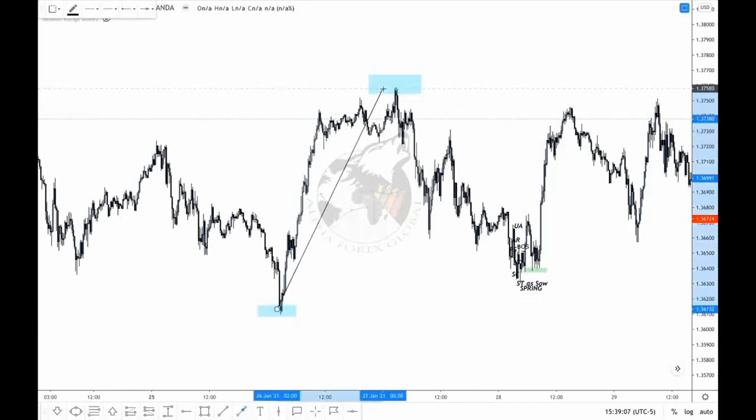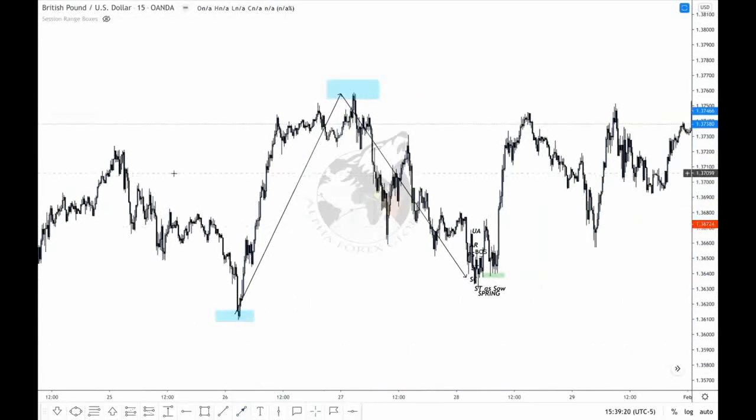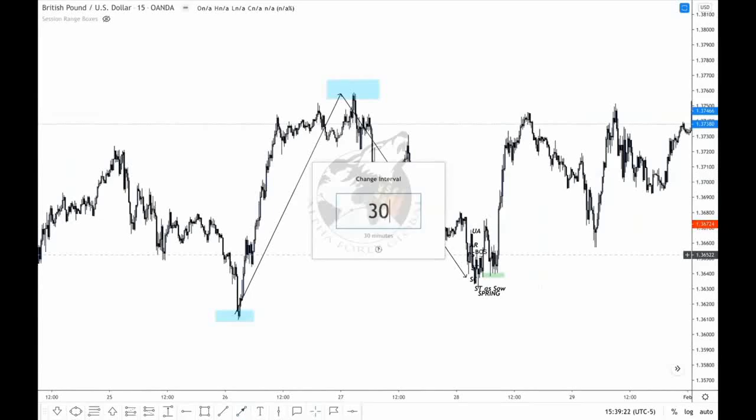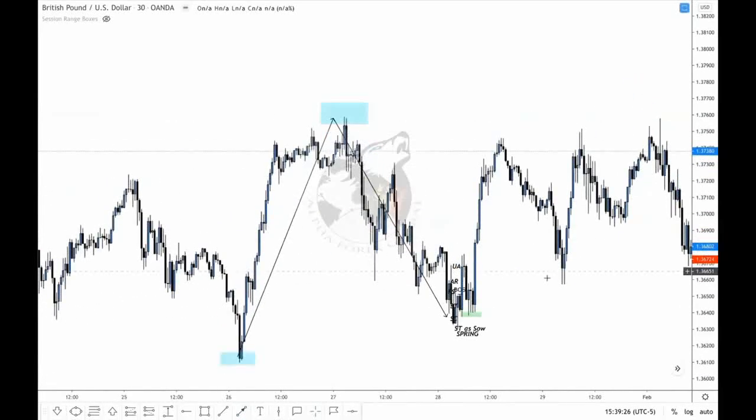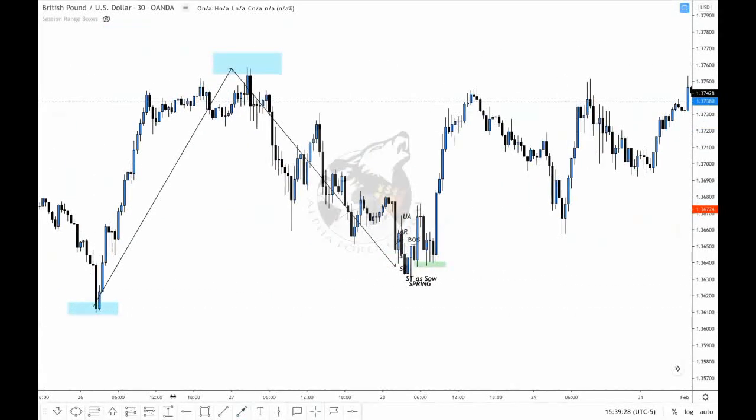Because the 4-hour time frame is in an uptrend, and right here it's basically saying that the 4-hour wants to create a lower high. Notice, all right, on the 30-minute time frame, there is a point of interest right here.